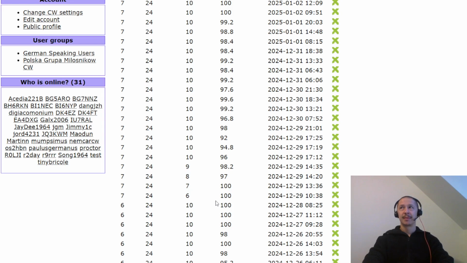But what I did was maintain the character speed, because these are the letter sounds that my ear is accustomed to hearing. I just lowered the Farnsworth spacing down to 6 on day 1 of lesson 7, and then went higher from that. I got 100% on 7, 8, 9 the same day, and then back to 10 with 96%.